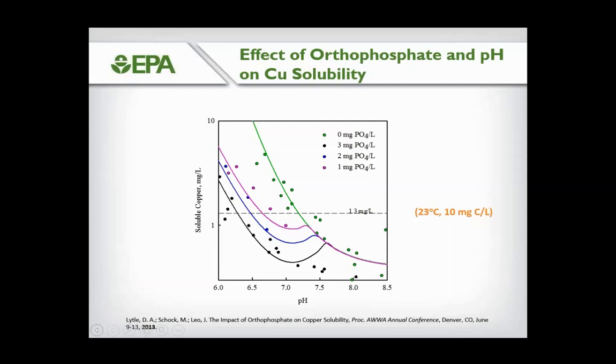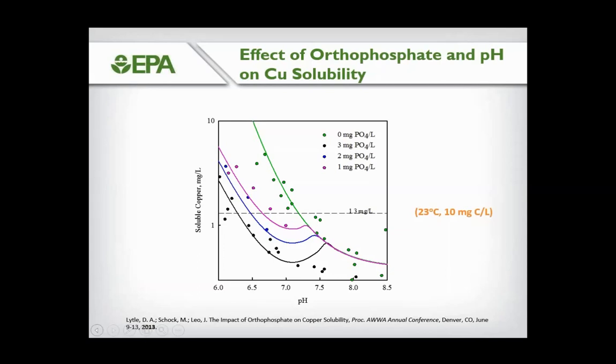This is some work that a colleague, Darren Lytle, and I did and shows some of the relationships in pilot testing, jar testing for copper solubility. And you can see that the higher phosphate doses can easily get high DIC water, or get copper levels under the action level.